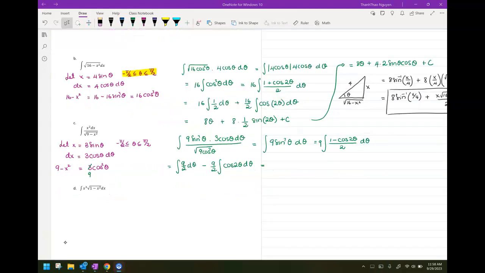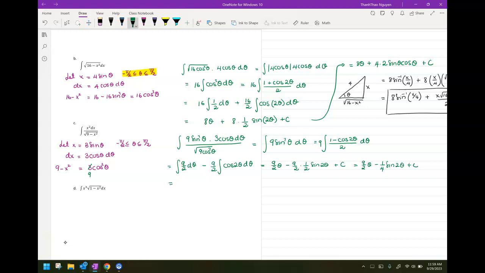Okay. So now I have 9 over 2 theta minus 9 over 2 times 1/2 sine 2 theta plus c. So this is 9 over 2 theta minus 9 over 4 sine 2 theta plus c.